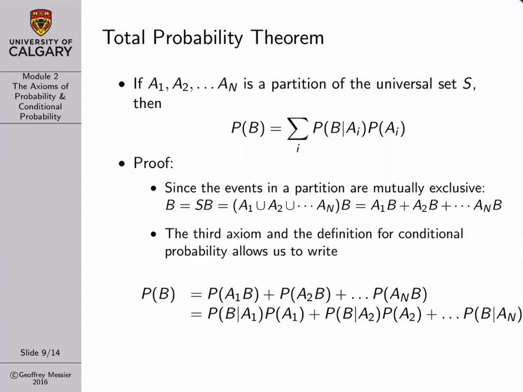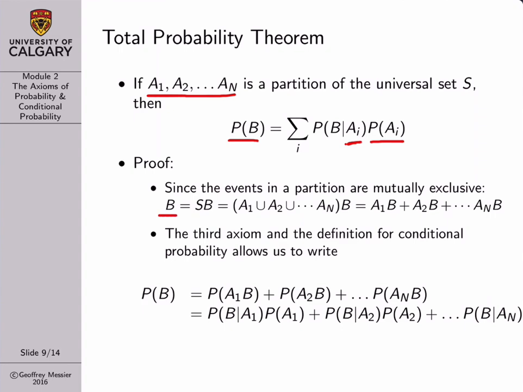Let's assume that the sets A1 through AN are a partition of the universal set S. So the probability of some event B is equal to the probability of B conditioned on all of these sets in the partition, multiplied by the probability of each of these sets within the partition, all added up.